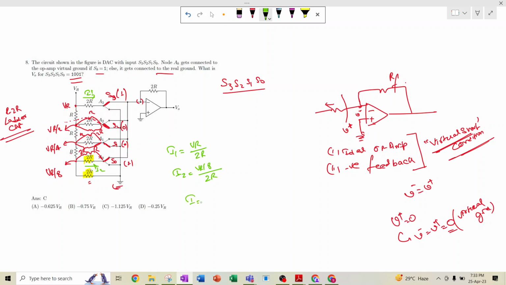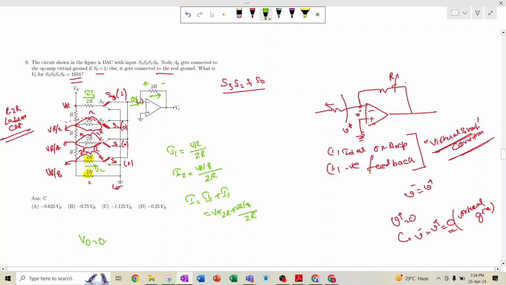So now the total current will be I1 plus I2, which is VR by 2R plus VR by 8 by 2R. This current will flow into this terminal, and here it is 0 volt, right? So here it has a certain drop, so V0 will be 0 minus 2R into (VR by 2R plus VR by 8 by 2R).